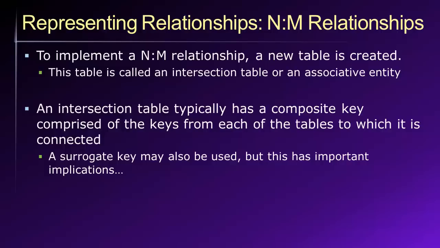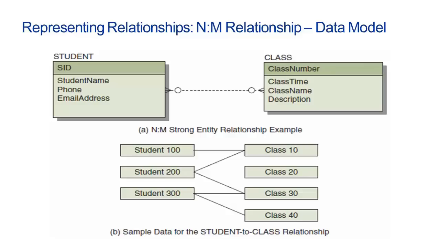It is, of course, also possible to use a surrogate key as the primary key in an intersection table. However, doing so has some implications, and we will take a look at those implications shortly. First, however, consider this conceptual example of a relationship between a student and a class.